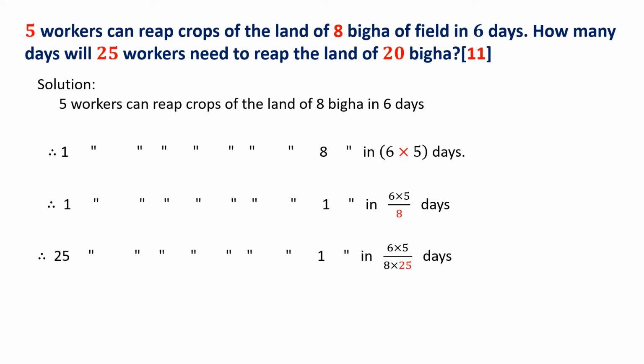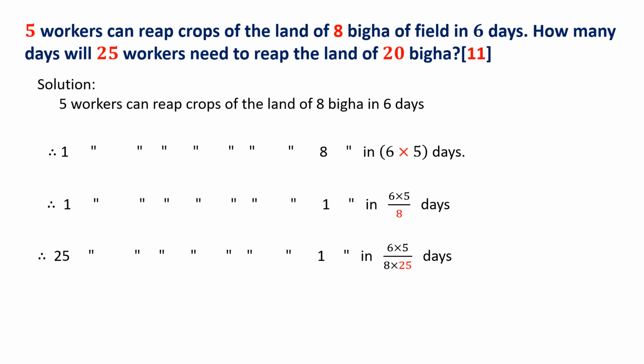I have divided it by 25 because when I have 1 worker, I'm going to need these days, 6 times 5 divided by 8. Well, if I have more workers, then the days will be less than when I have 1 worker. So when I have more workers, the time will be much less than the previous one. That is why I divided it, because this quantity must be less than that quantity.